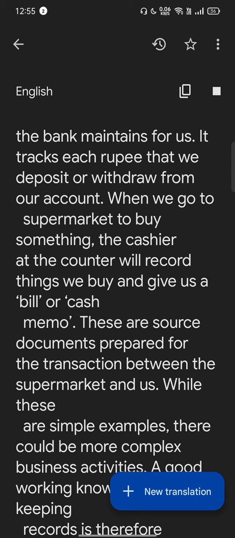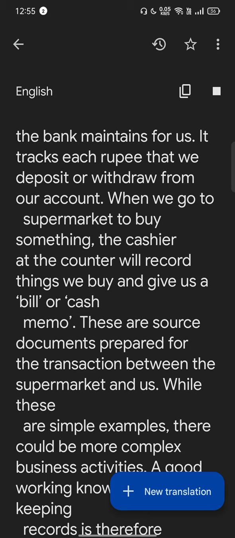It tracks each rupee that we deposit or withdraw from our account. When we go to supermarket to buy something, the cashier at the counter will record things we buy and give us a bill or cash memo. These are source documents prepared for the transaction between the supermarket and us.